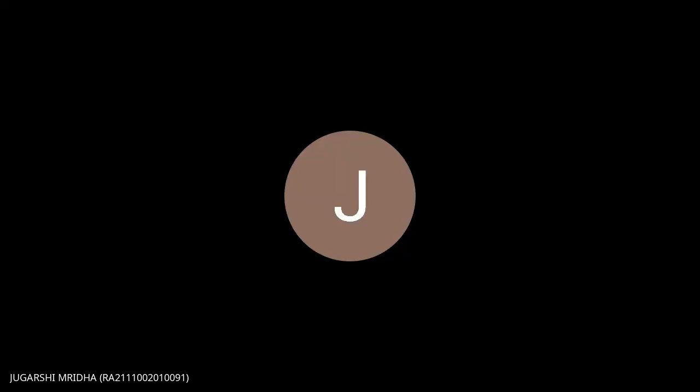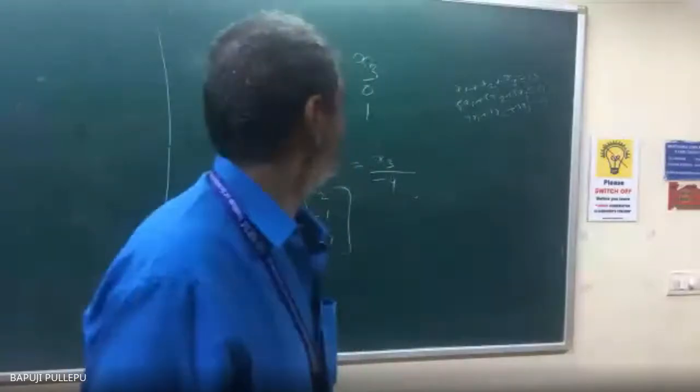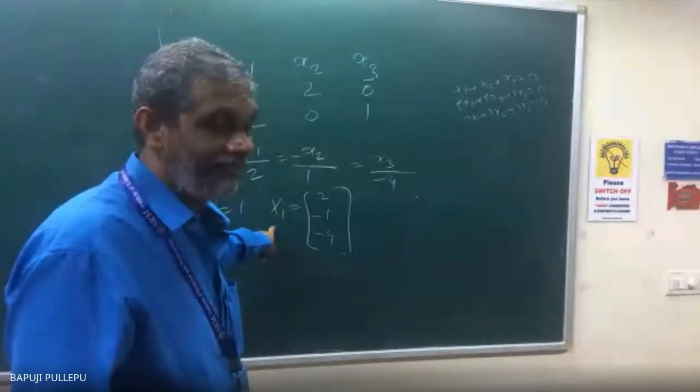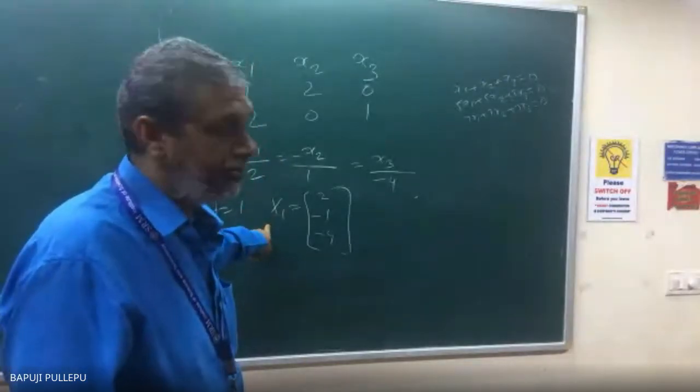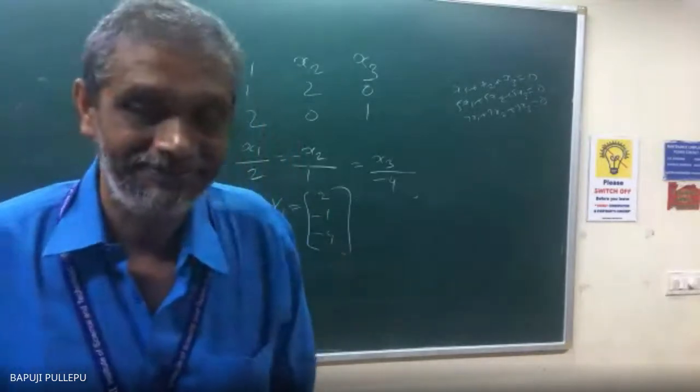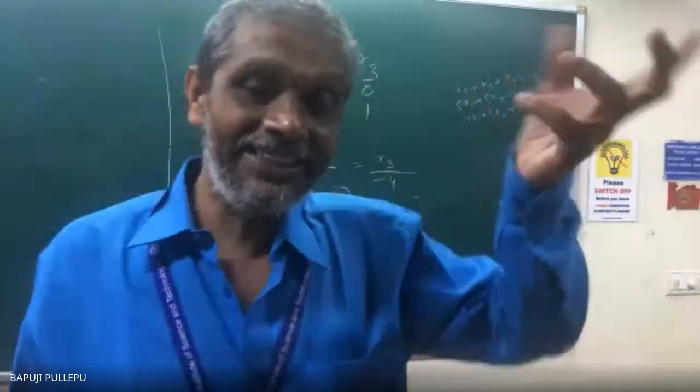So this matrix is for x1. So what for x2 and x3? This x1, this is capital X1. The matrix name is capital X1. This fellow's name is x1, x2, x3 like this. Don't confuse this x1 and that x1.